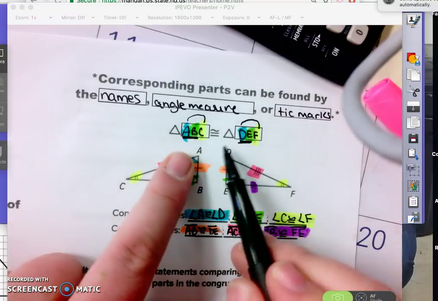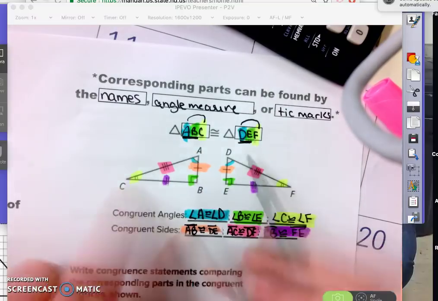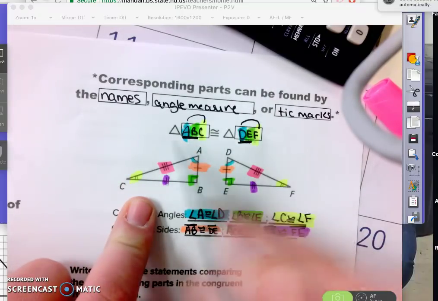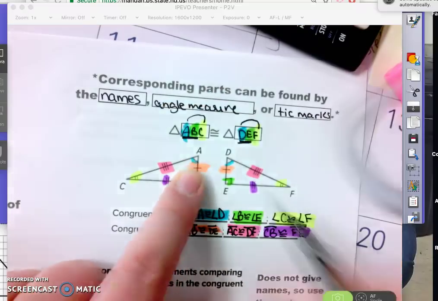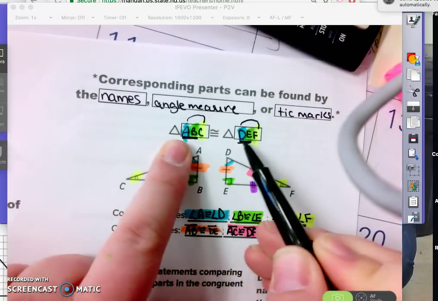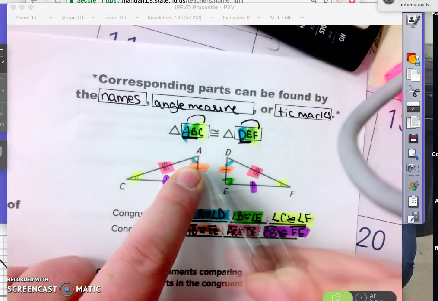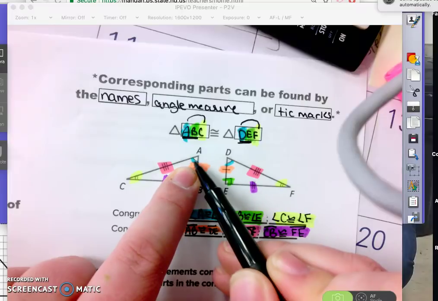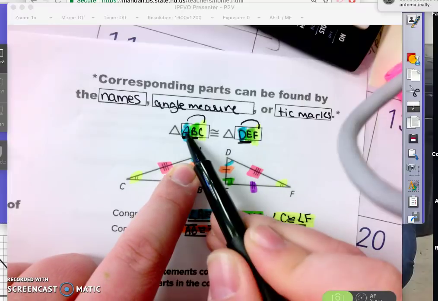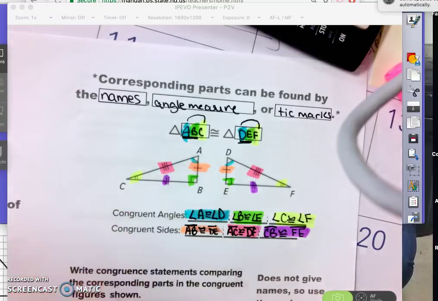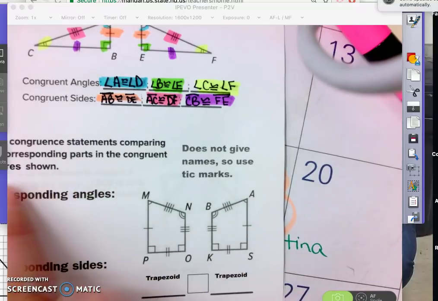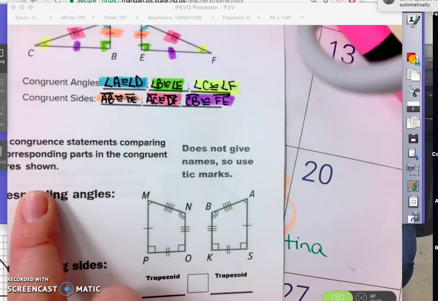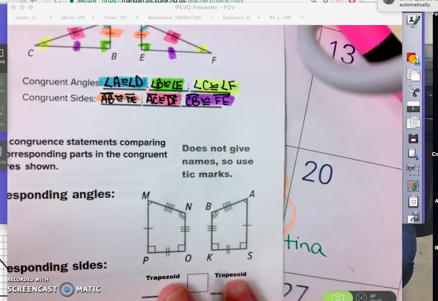When you're writing the congruent statement, say I start with A, well then I need to start this one with the corresponding part of our angle. So A is blue, this one's blue, I start with A here and I start with D here. Okay, so let's write the congruent statements comparing the corresponding parts in the congruent figure shown. So you could, if you wanted to, highlight again.